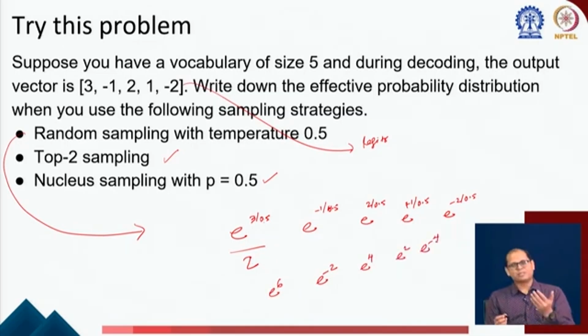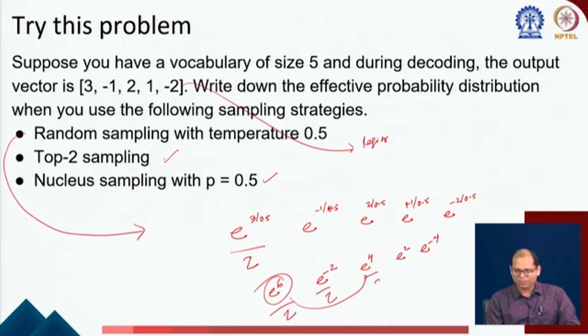You see what happens: with the temperature, the distance between the probabilities increases, it sharpens. So, it is much higher than the closest, e^4, e^2 times higher, divided by g. You compute g as simply the summation of this, and you get the distribution and you can sample from that. That is how you do random sampling with temperature.